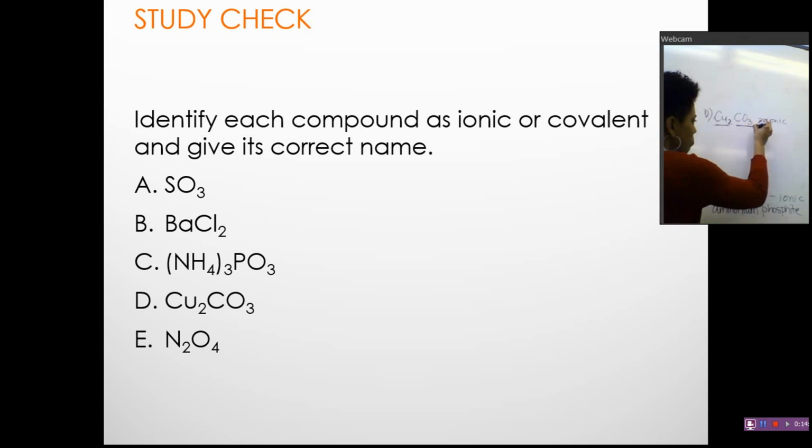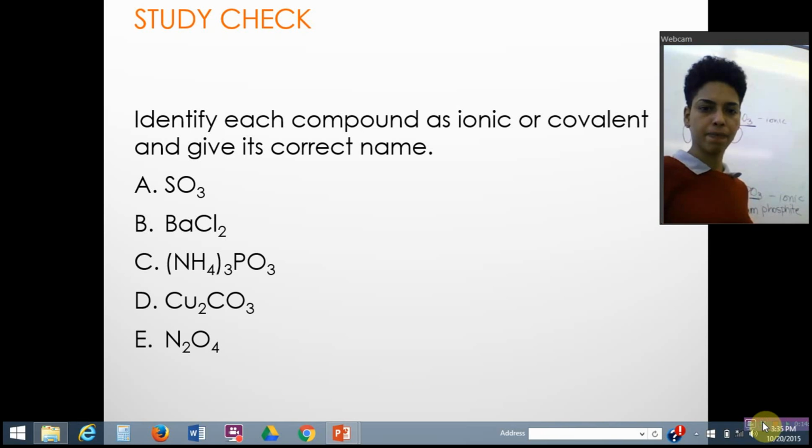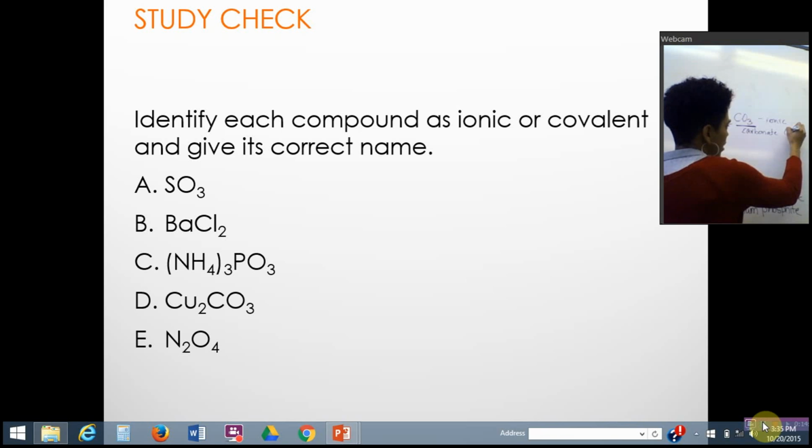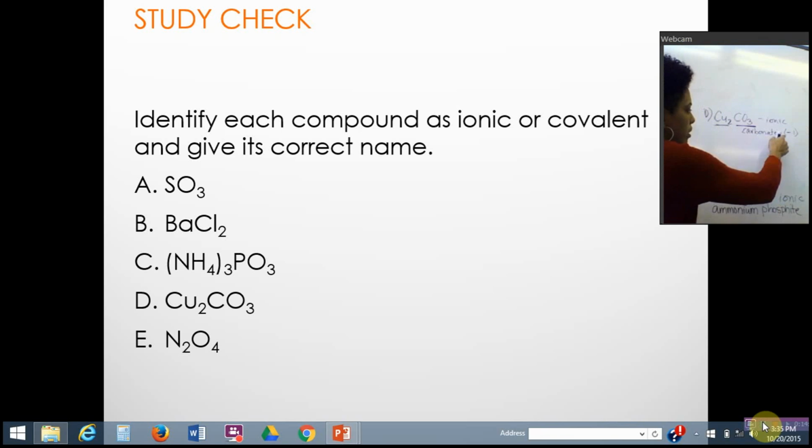Well, what is this polyatomic ion right there? You've got to know this polyatomic ion name. So this is the carbonate ion, and it has a -1 charge. So if we know that this is a carbonate ion and it's got 1 charge, that can tell us why we have this here, right?